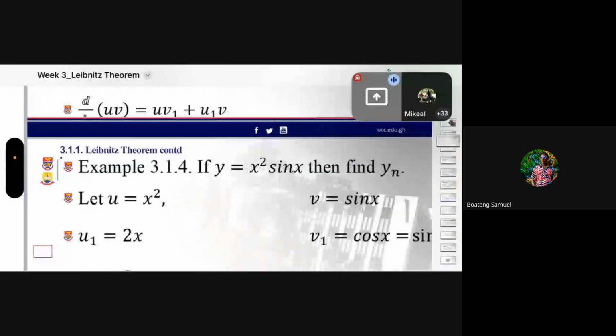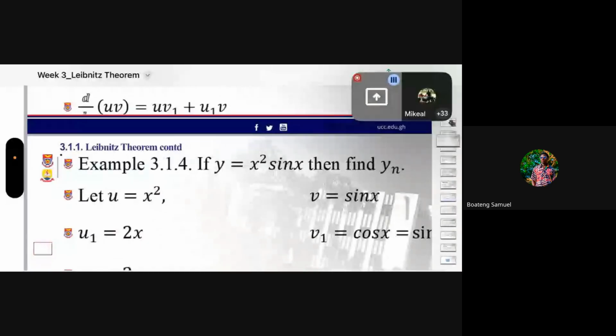I wish I could use my board so that I write on it. So when you continue to find the third term, it ends up like a factorial, so you're going to get a combination.